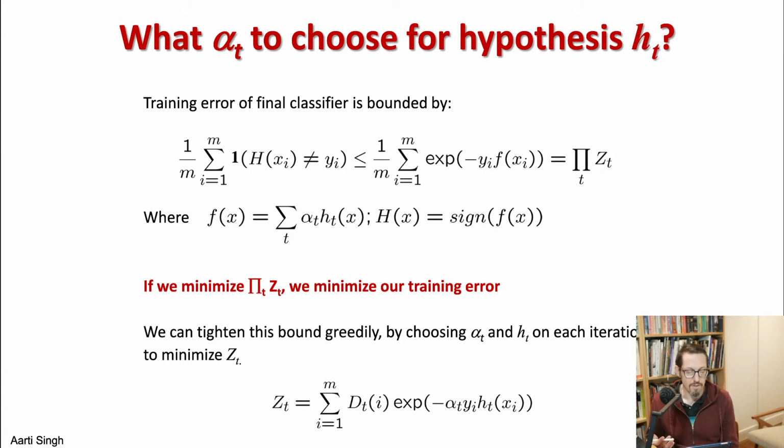Okay? So more to the point, the z of t, again, has to be equal to the numerator. So the numerator looked like this form. So this is why z of t has the same form. It's the summation over all the data samples of the weight for the sample and the exponential of alpha, the proper output, and the predicted output.